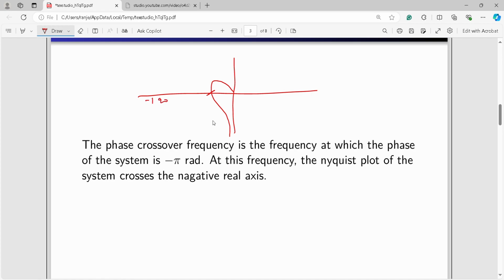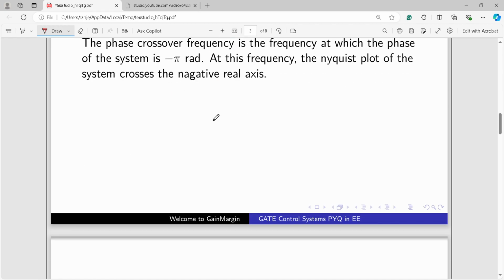We want to know at what point it crosses the negative real axis. So we only bother about the phase of this system. So how to solve this question?